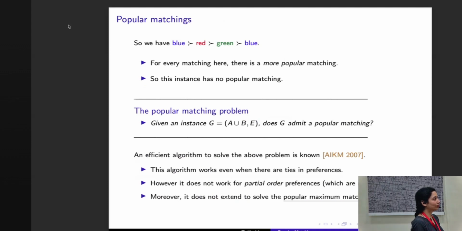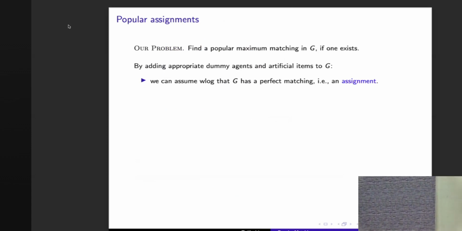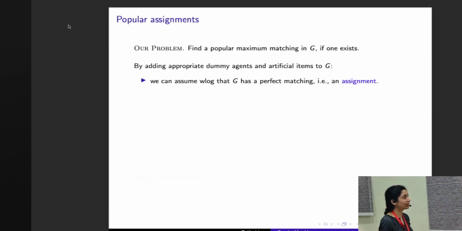So let's focus on this problem, the popular maximum matching problem in one-sided preferences. Since we assume that the input can have ties and so on, we can assume without loss of generality that G has a perfect matching. Perfect matching, that's an assignment. We can just add some dummy agents and artificial items.